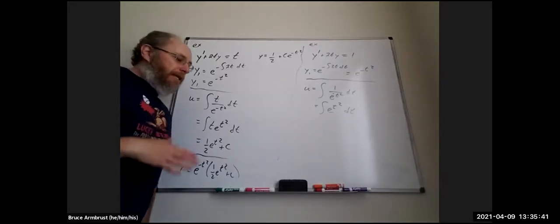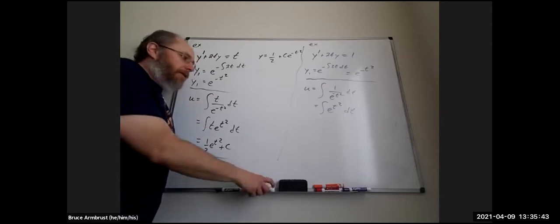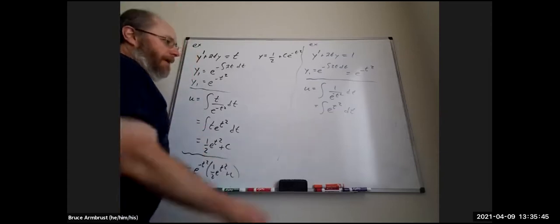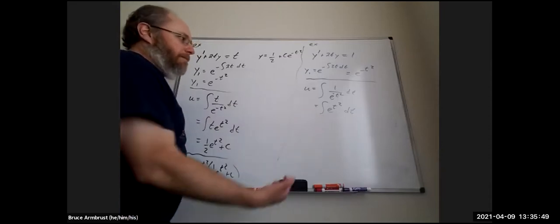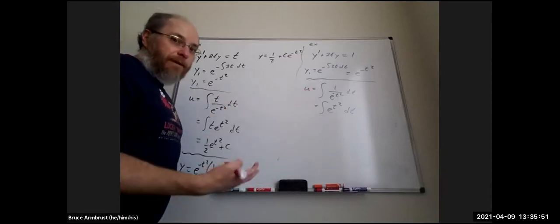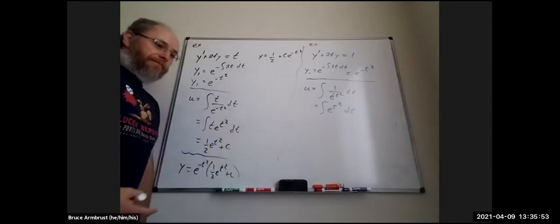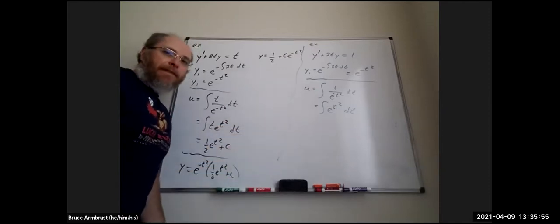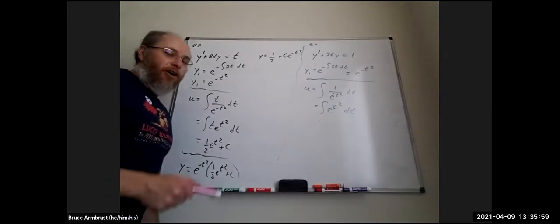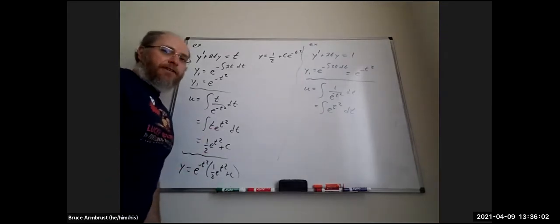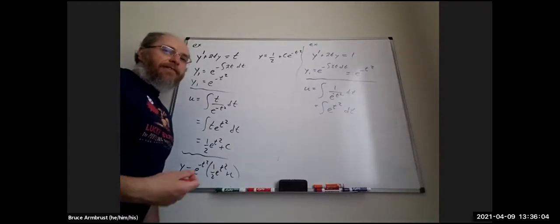But it's really tempting at this point to go, well, okay, I can't do the integral of e to the t squared, which must mean there isn't a u, which must mean there isn't a solution. But that's actually not true. It turns out that all linear first order differential equations have a solution.